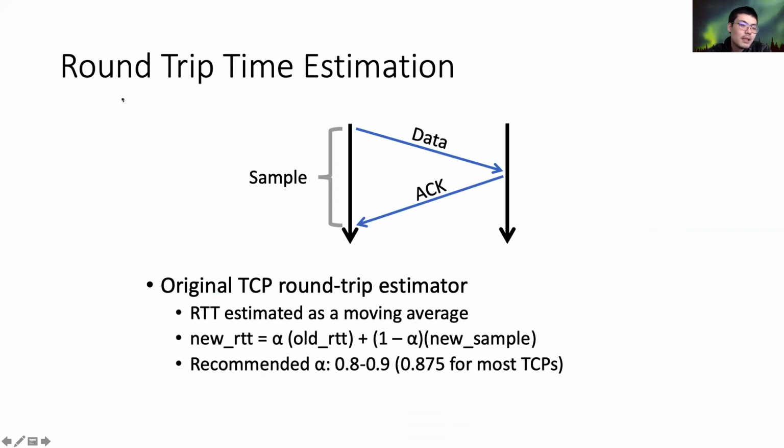So how do we estimate RTT so that we can set a reasonable RTO? That's the so-called round trip time estimation problem. The original TCP round trip estimator works like this. It uses a so-called moving average.